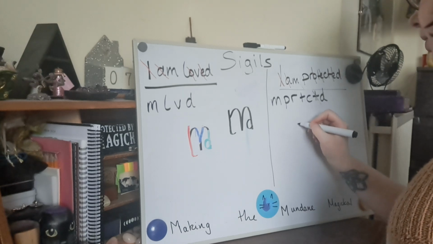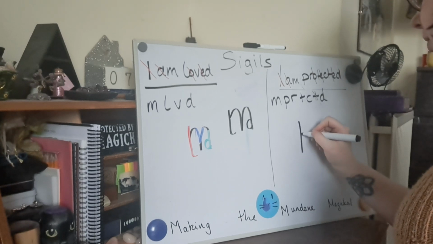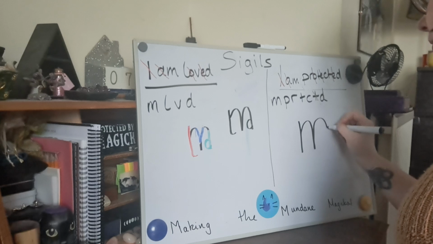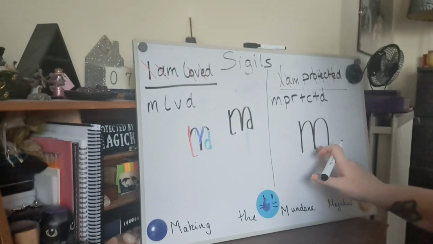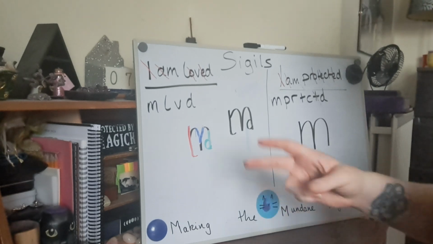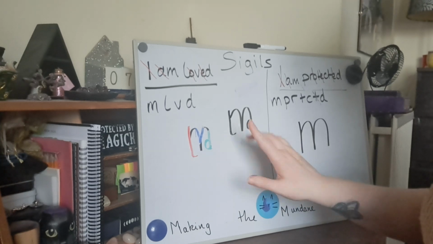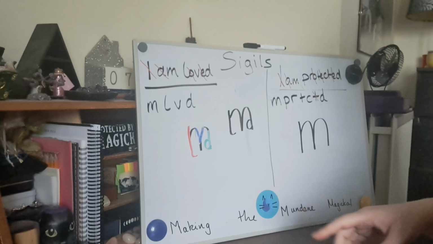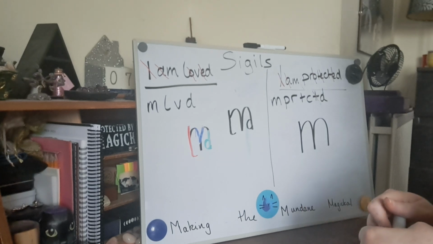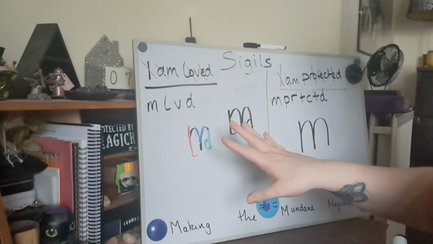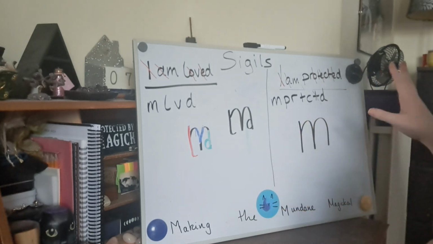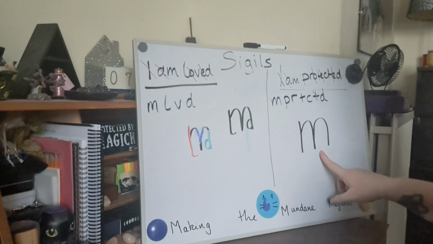So this might be a little bit bigger. This is going to be a much bigger and more complicated sigil than I am loved. It's just how it's going to go. Don't worry, I will show you up close what these look like. But for now, this is where we're at with I am protected.